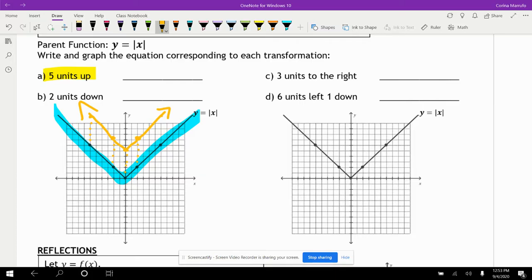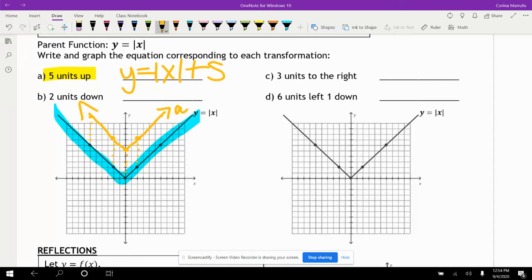So there is what my graph looks like. This is section A, so I'm just going to put a little a there. Then I'm going to write the equation of my function. If I move it up 5 units, it's going to be the absolute value of x, and the plus 5 is going to go outside of the absolute value.